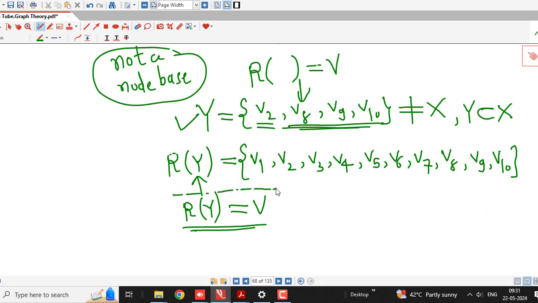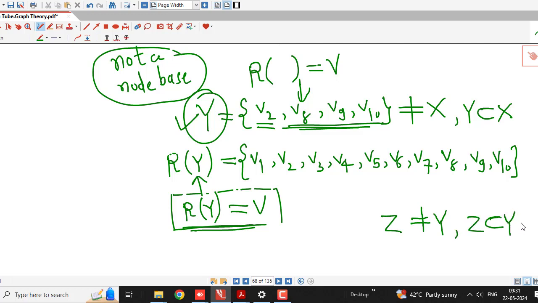Now, if there does not exist any proper subset of Y, say Z, such that R of Z equal to vertex set V, then Y is called a node base.